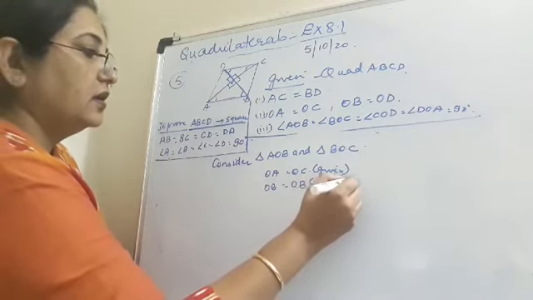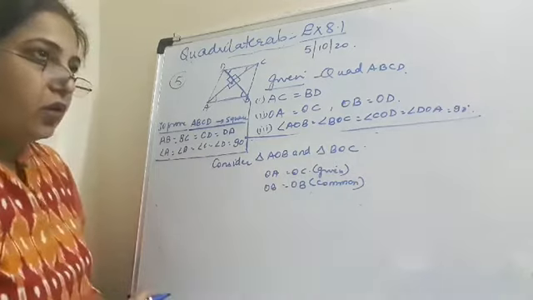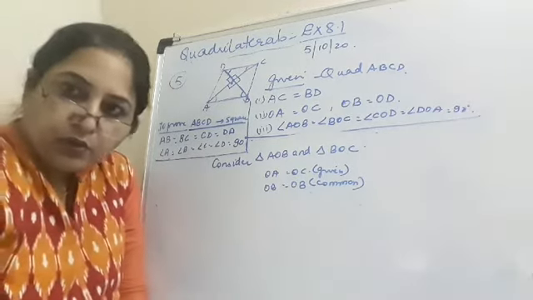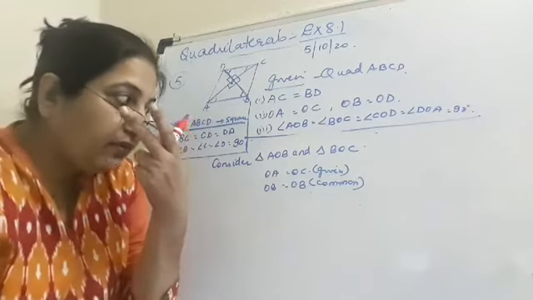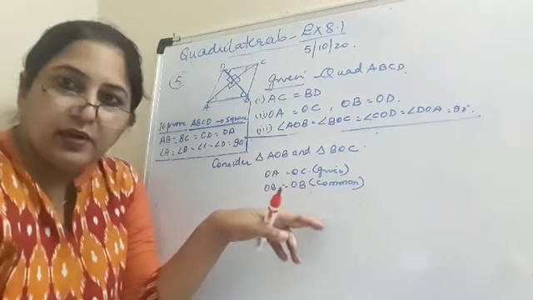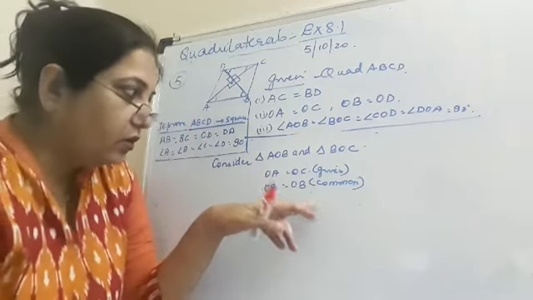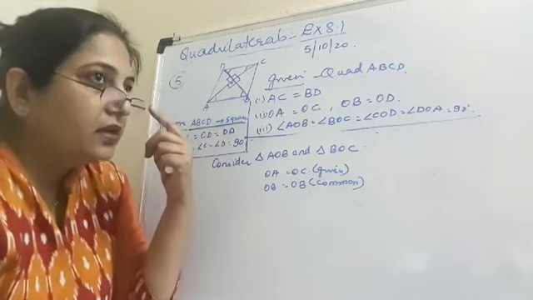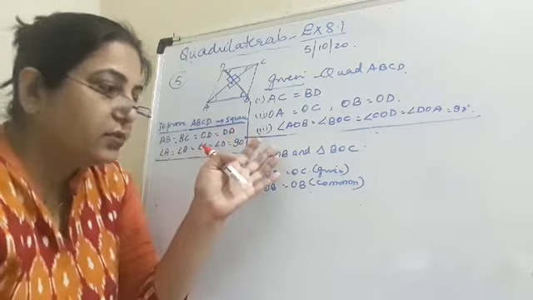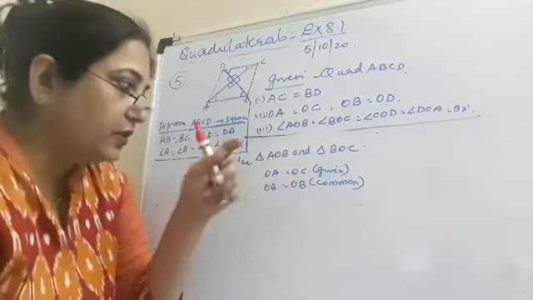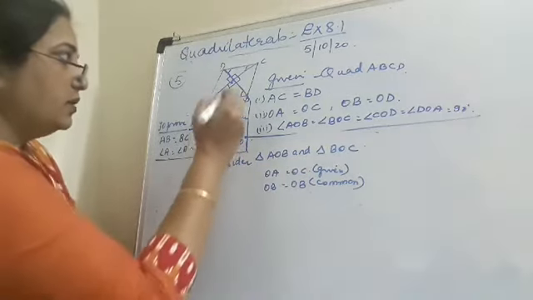Now children, you have studied congruence in class 7th. We have done it in the previous chapter also, but as you keep on doing these sums, you will get thorough practice of this congruence. And now I think you must be very clear about which congruence conditions we can apply in the given set of questions. What is the third one we can take?